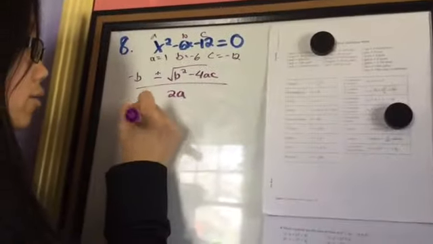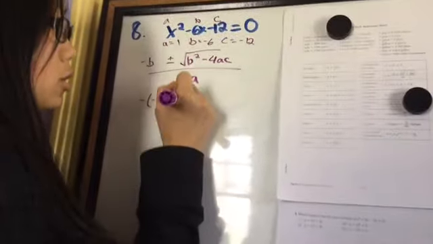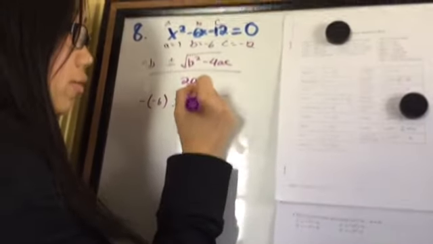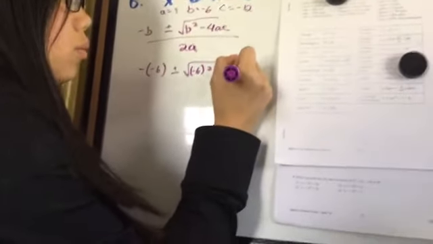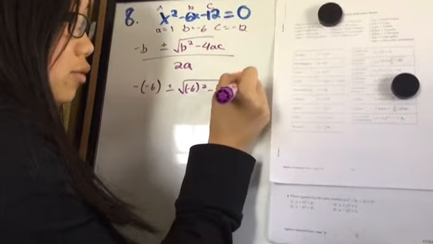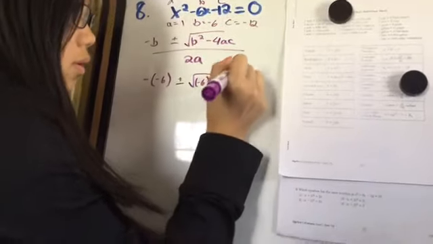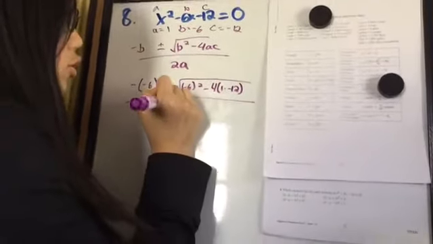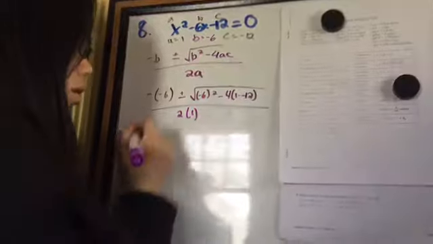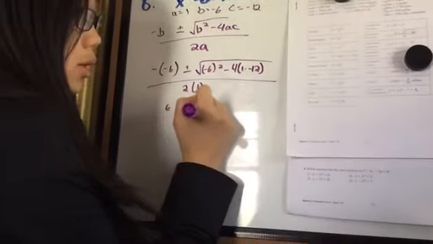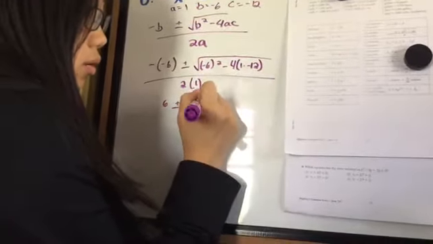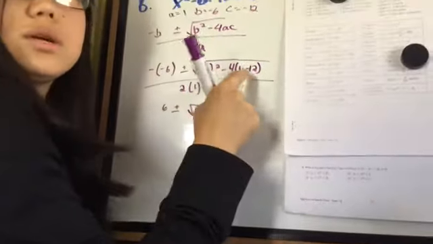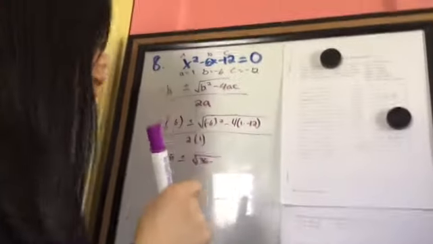So -6 plus or minus the square root of -6 squared minus 4 times 1 times -12, all over 2 times 1. So positive 6 plus or minus the square root of 36 minus 4 times negative 12, because 1 times negative 12 is just negative 12.